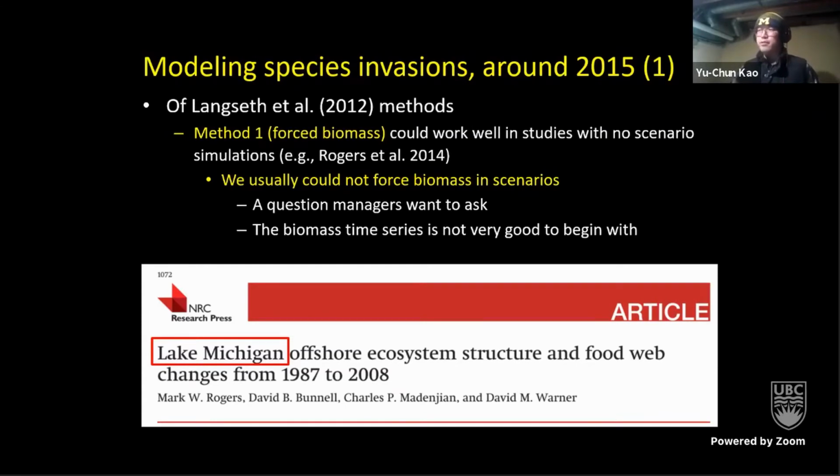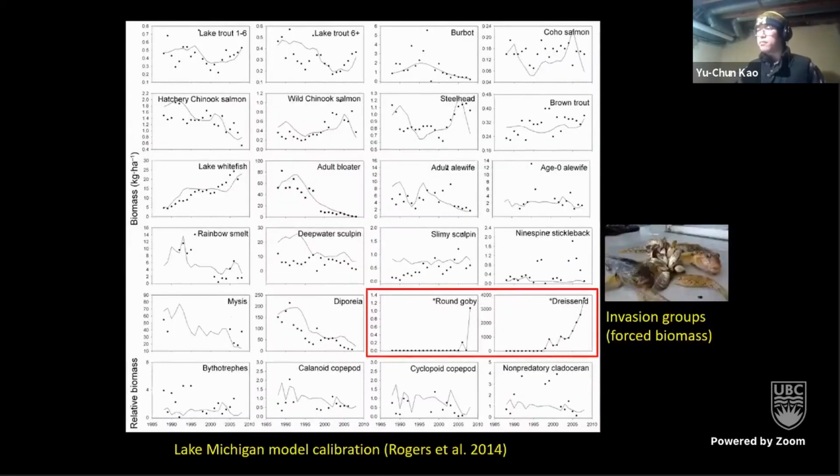Our bottom trawl gear did not survey round goby very well. Our benthos survey gear, like the ponar grab, did not survey the invasive species very well. That's the reason this may not be a very good biomass time series to begin with.